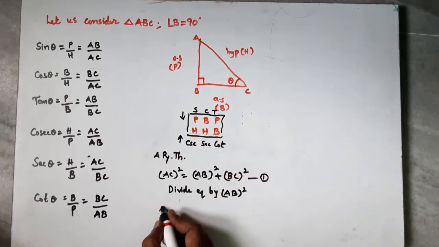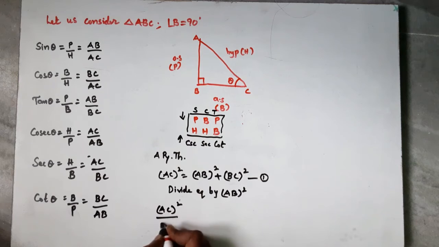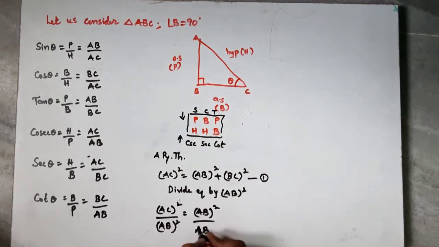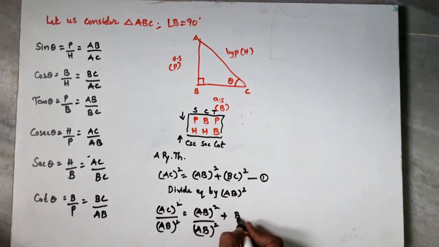AC square by AB square is equal to AB square by AB square plus BC square by AB square.